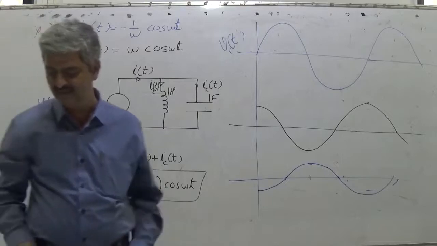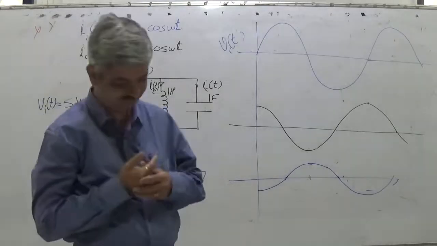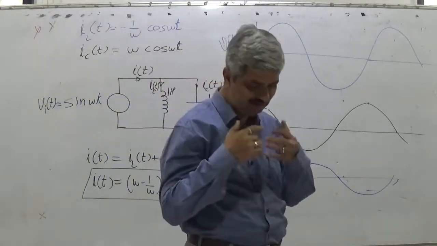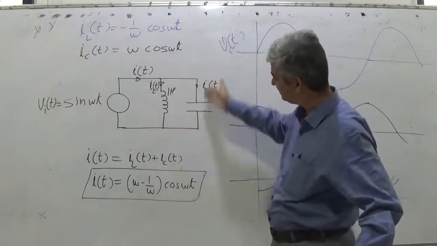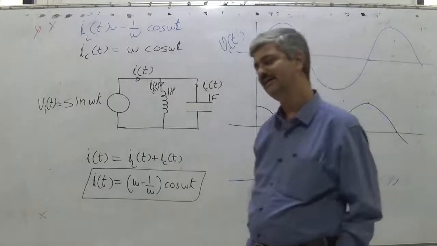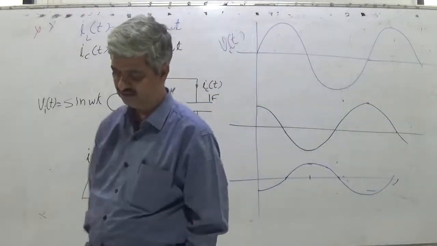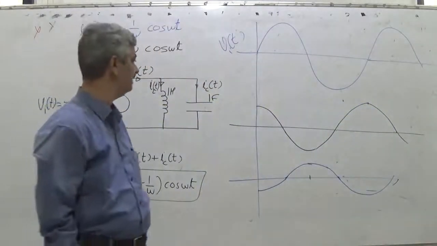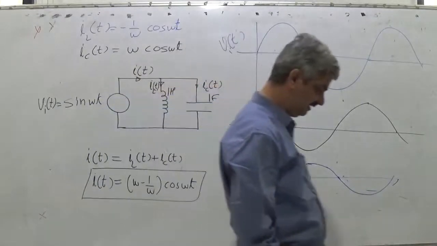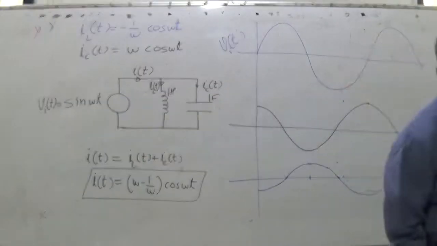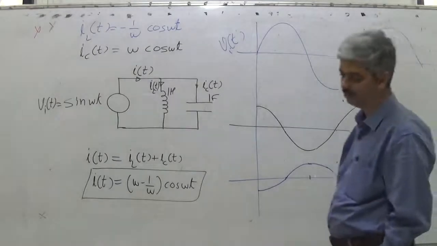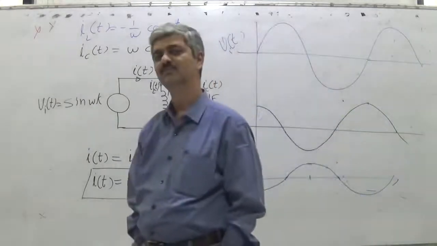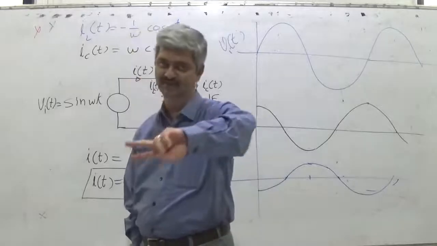Then obviously there will be a situation where inductor current and capacitor current are always opposite in phase. In an LC parallel circuit, inductor current and capacitor current are always opposite in phase with each other.